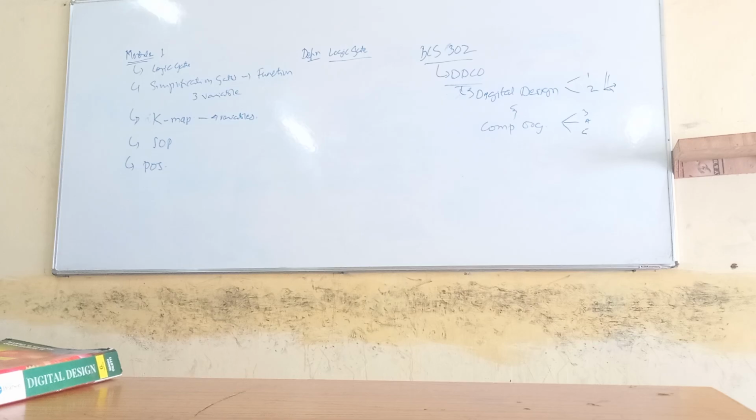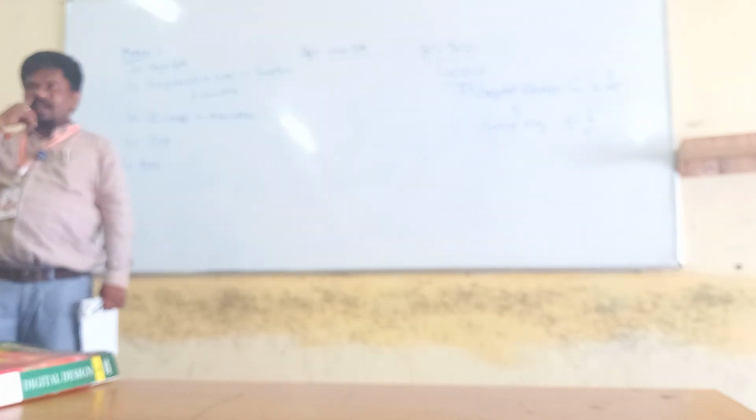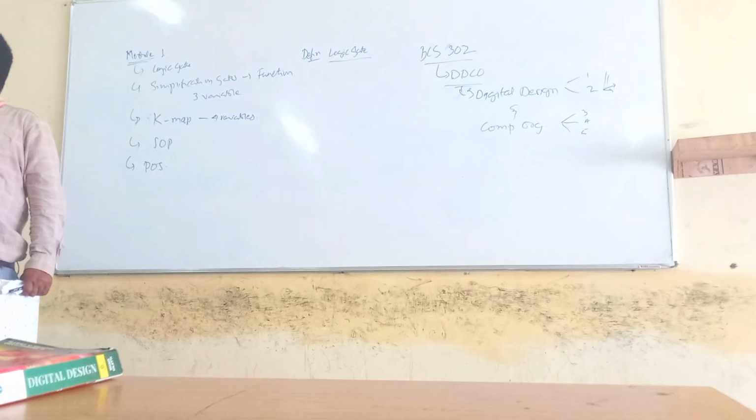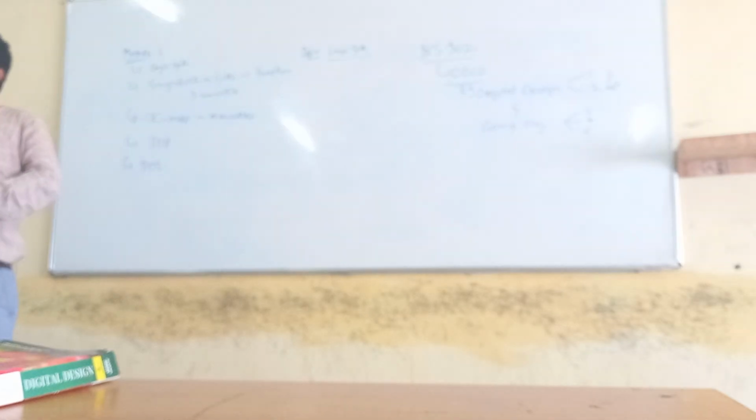In the world, we have two things here: either yes or no, true or false, head or tail. If I toss a coin, I have two options, either head or tail, yes or no, true or false, or high or low. These are the two combinations, and that's why they gave the name binary. Binary means two.